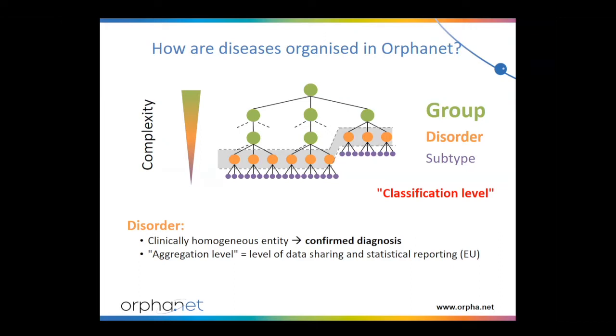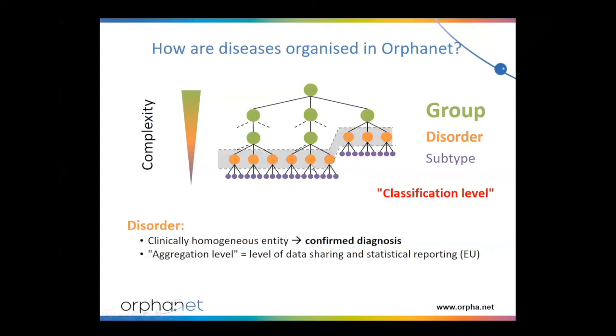European recommendations indicated it as the reference level for data sharing and statistical analysis of rare diseases across Europe. Subtypes are only created when this level of precision of the diagnosis is pertinent and useful in clinical practice.